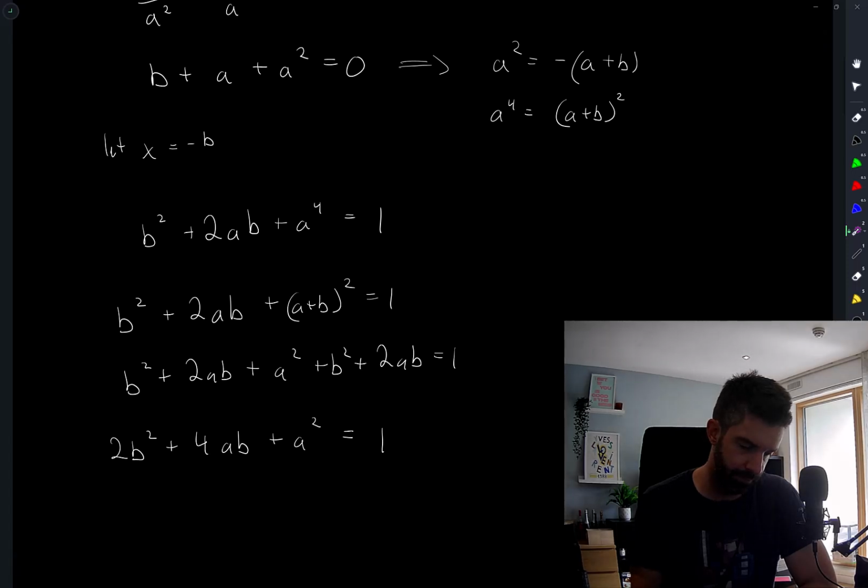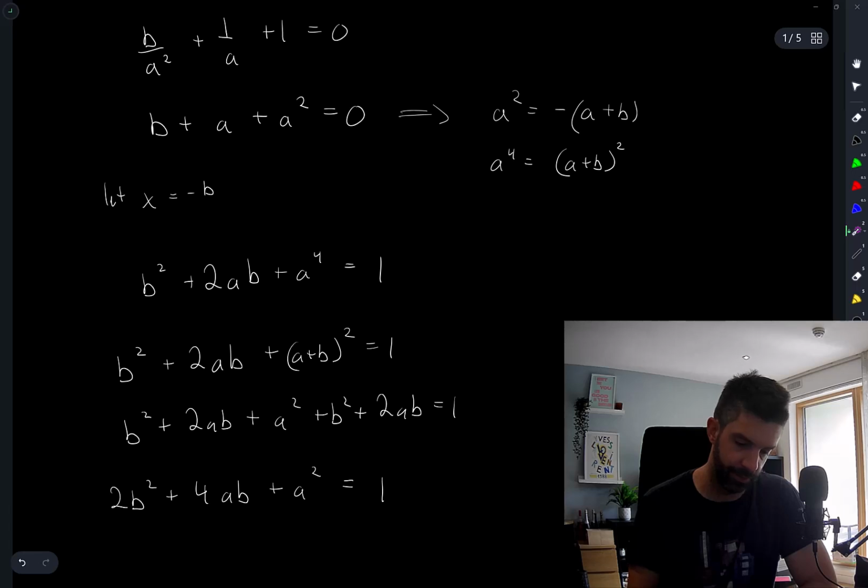It doesn't really seem to help very much. I could then substitute for a squared. A squared is equal to this.